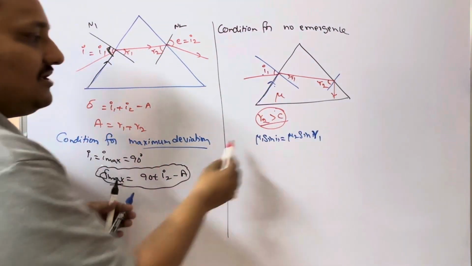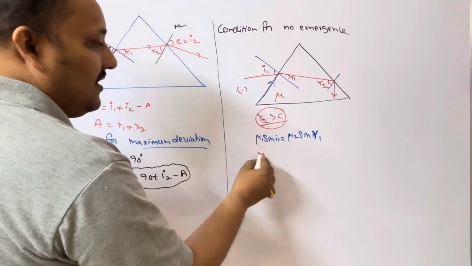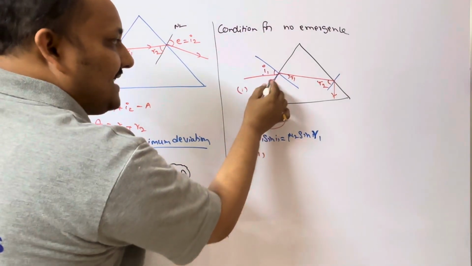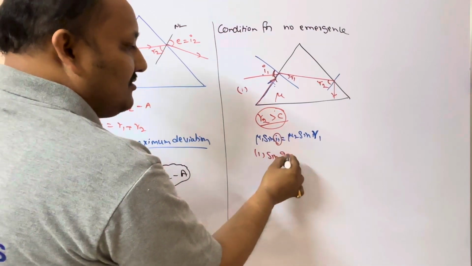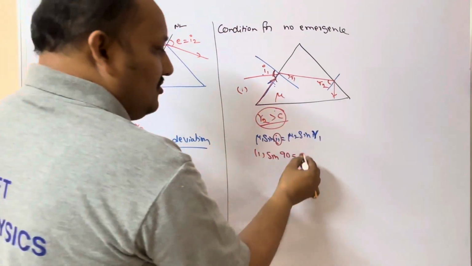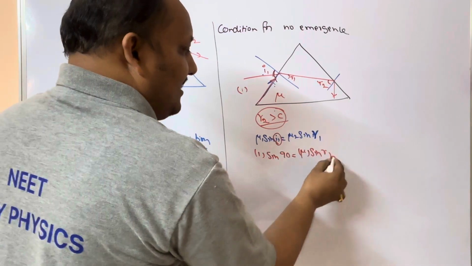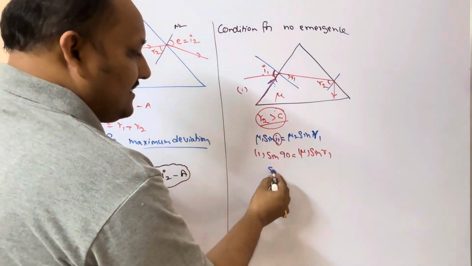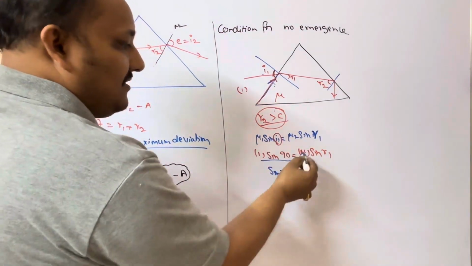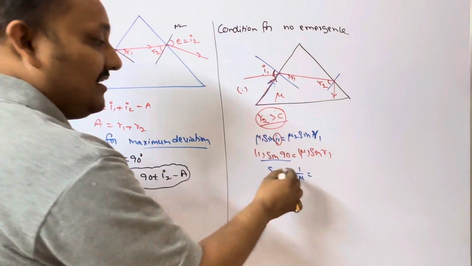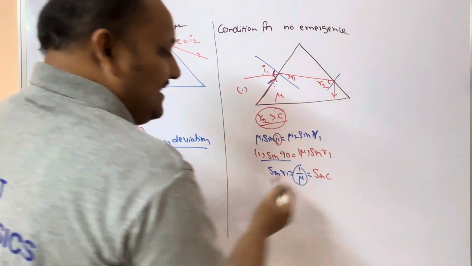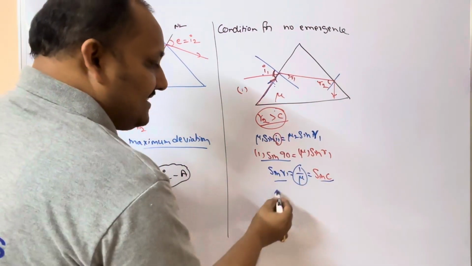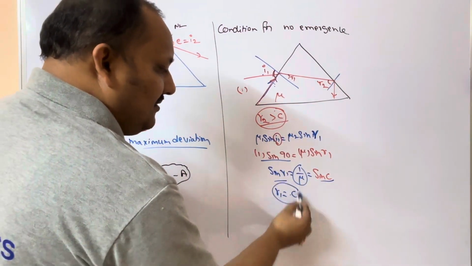Here mu1 is 1. The maximum angle of incidence is 90 degrees, so sin I1 is sin 90. mu2 means mu, so mu sin R1. So sin R1 is 1 by mu. We already got the relation that 1 by mu is sin C. So sin R1 is sin C, which means R1 should be equal to C.